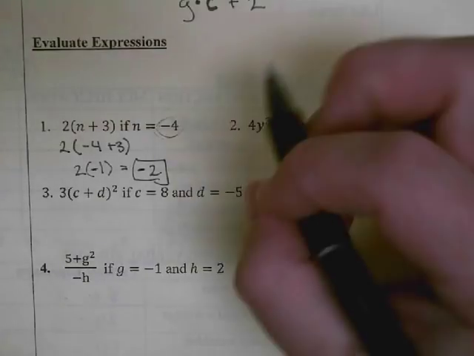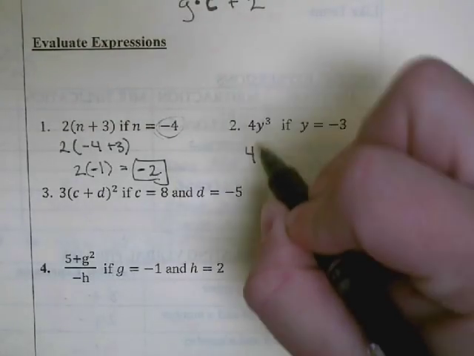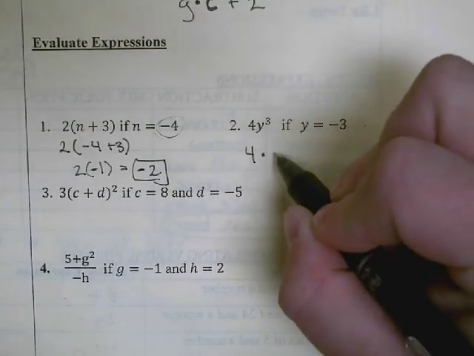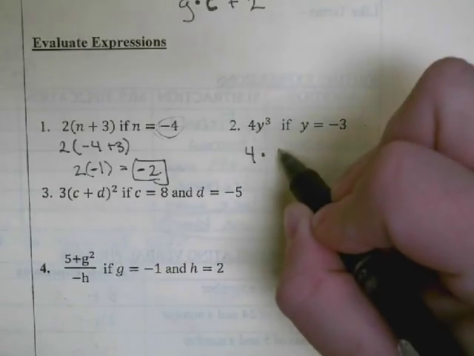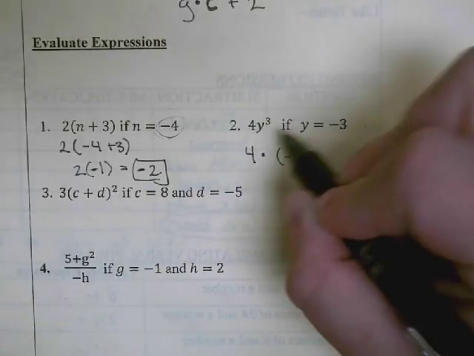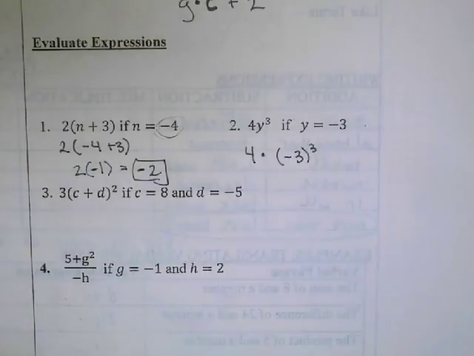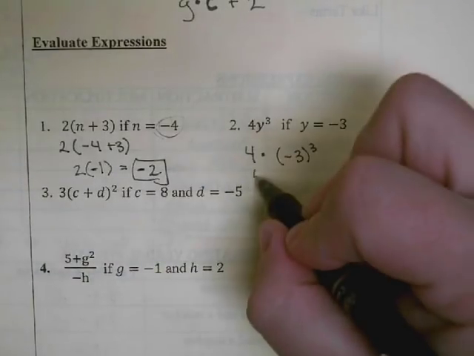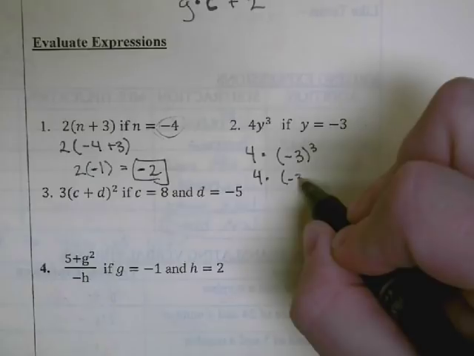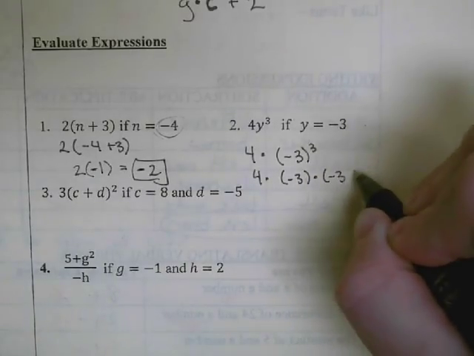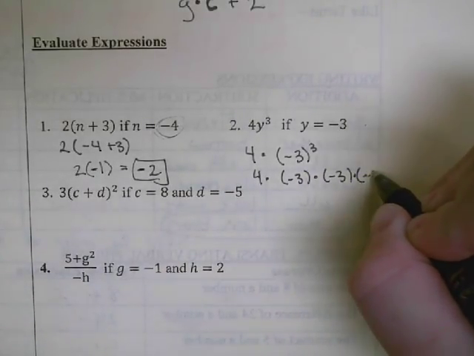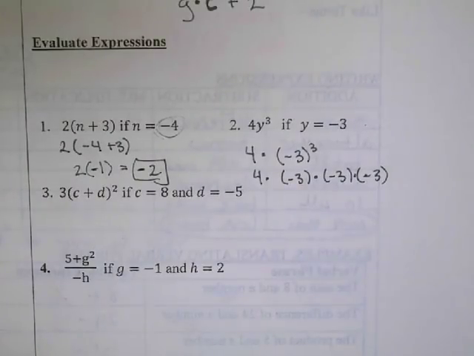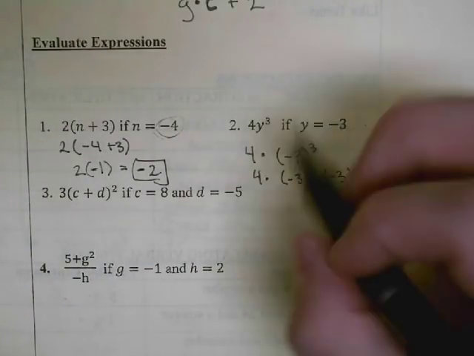Okay, so I hope you took the time to try these. Let's look at them. We have 4 times, we have that hidden multiplication right there, and then we have a negative 3. We'll put that negative 3 in parentheses and raise it to the third power. So we end up with 4 times negative 3 times negative 3 times negative 3. We'll just do it 2 numbers at a time.